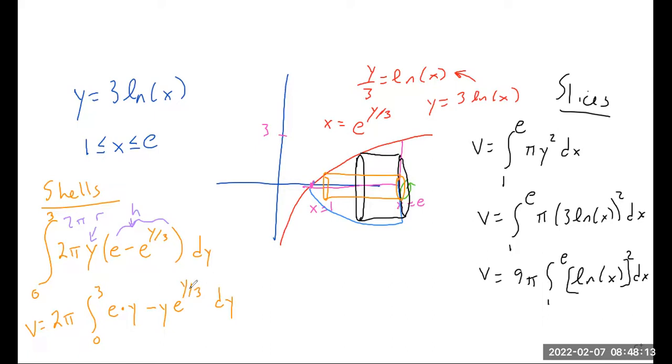Let u equal y over 3. But to be 100% honest with you guys, you don't know how to integrate this yet. We need a method called integration by parts. But this is at a point where we can easily plug it into something like Symbolab or your calculator and whatnot. So when it comes down to it, to actually get the volume, either one of these is totally fine. They're going to give you the same volume. It's just pick your poison, right? Which one do you want?